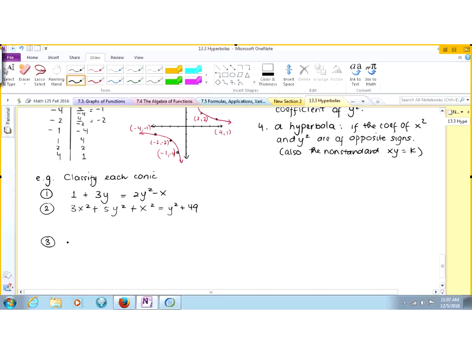Number 3: 16x squared plus 5y squared minus 12x squared plus 8y squared minus 3x plus 4y is 568.